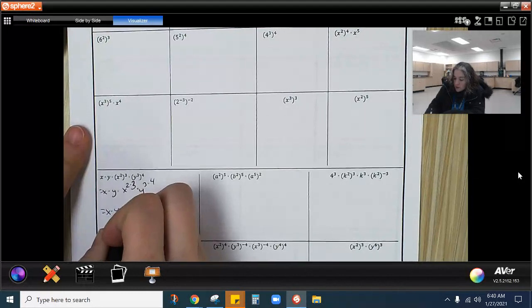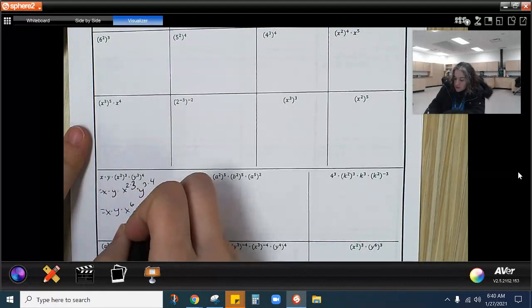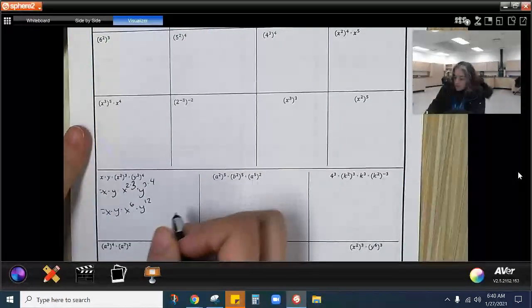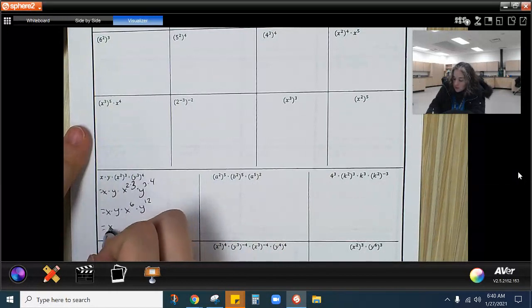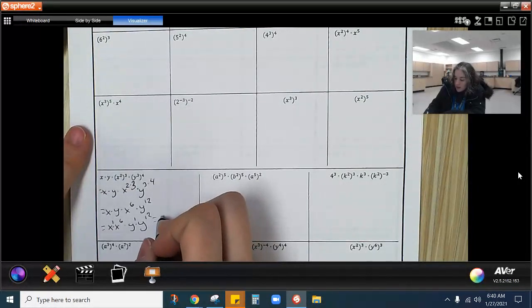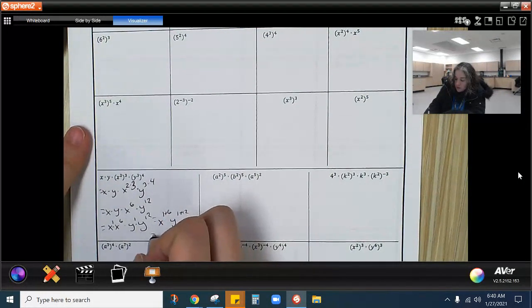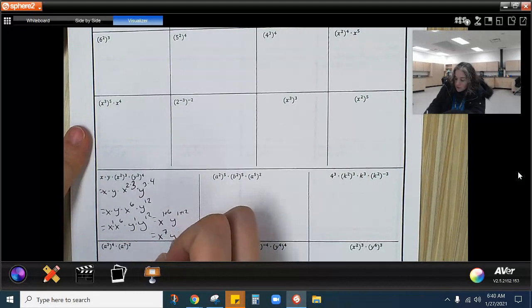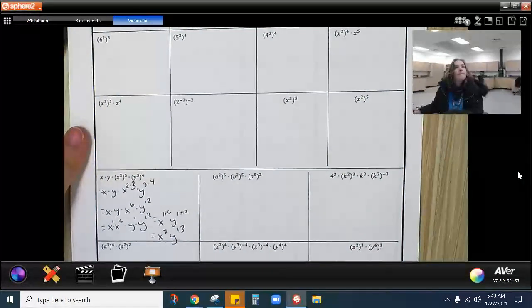So this is really x times y times x to the 6th times y to the 12th. I'm going to rewrite that so my x's are first, so x times x to the 6th, and then my y's come second, so y times y to the 12th. Remember, this really has 1's there, so that'd be x to the 1 plus 6 and y to the 1 plus 12. So we end up with x to the 7th, y to the 13th.